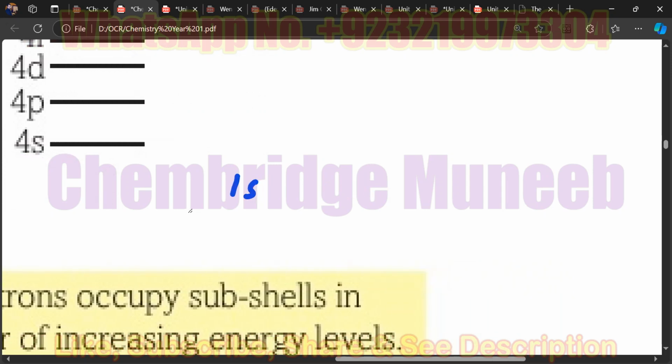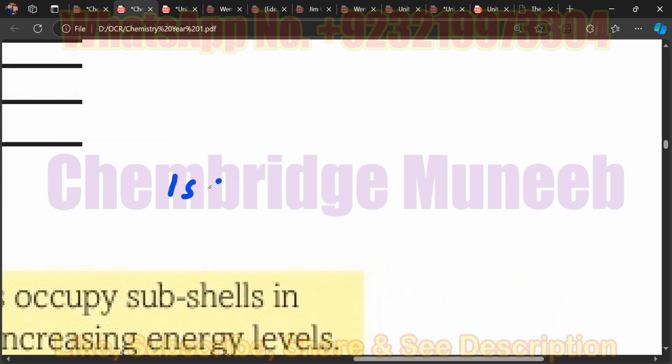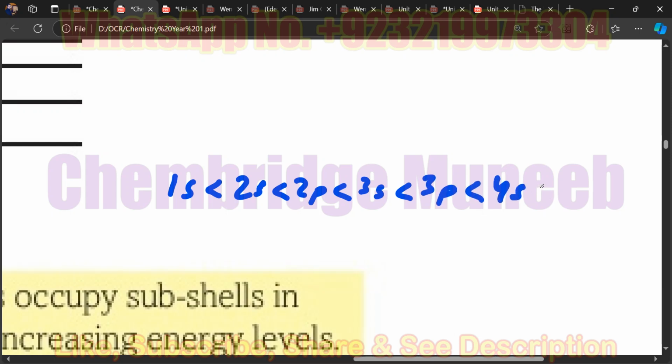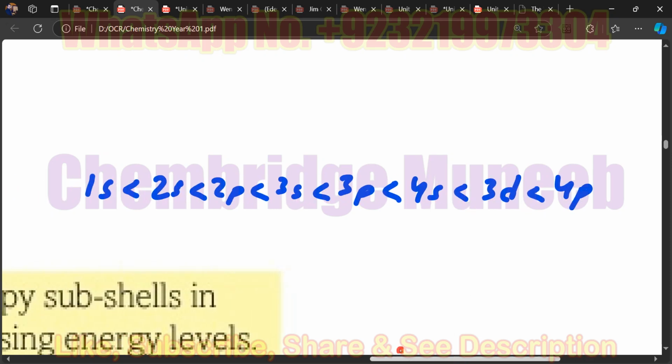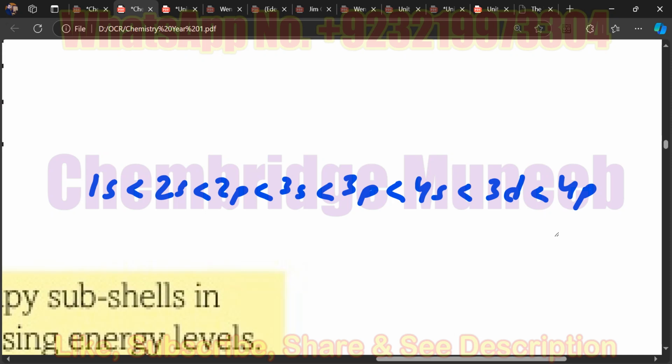No. Okay, 1s has less energy than 2s, which has less energy than 2p, less than 3s, less than 3p, less than 4s, less than 3d, and then 4p. That's the energy order of the shells and subshells combined.